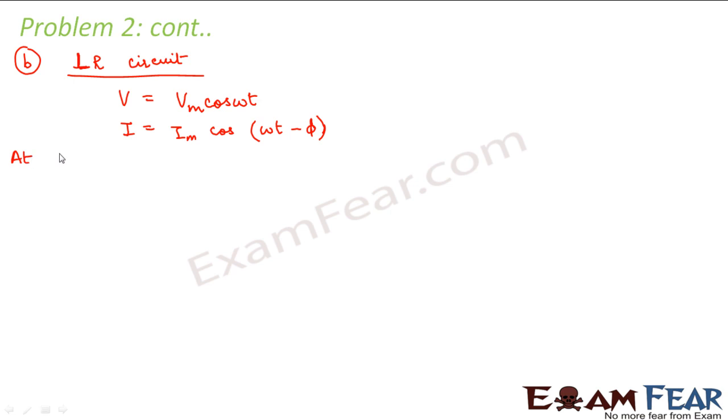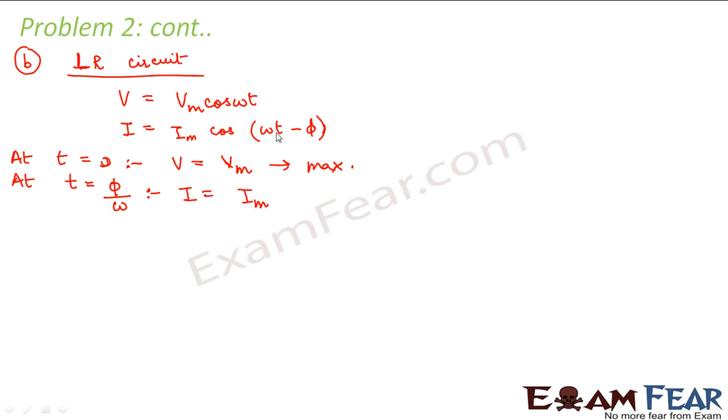Now, if you look at t equal to 0, what happens? When t is equal to 0, V is equal to Vm, that is the maximum voltage. Also, at t equal to phi by omega, what happens to current?